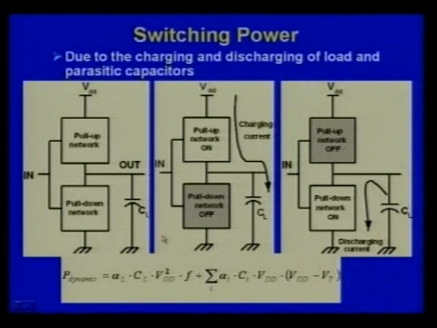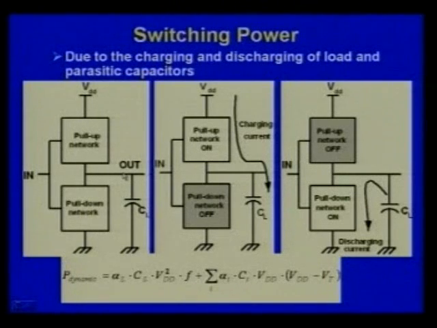You see, VDD is the supply voltage, F is the operating frequency of the circuit, CL is the load capacitance, and alpha L is known as the switching activity. You may be asking where this factor is coming from. Actually, the output does not change at every clock. So you have to take into account that factor, that for a particular circuit, the output will switch for some input combinations, and it will not switch for some input combinations.